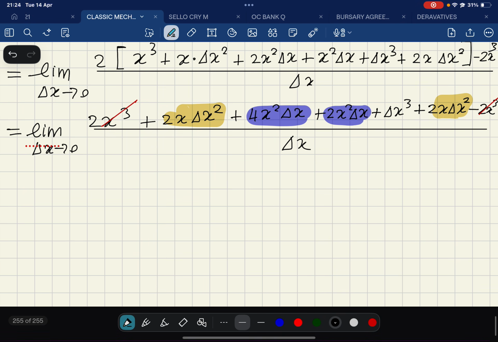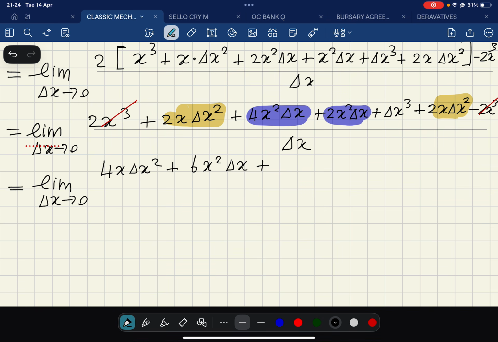When I have the like terms like that, I will have equal sign, the limit as the change in x approaches 0, which means I will have 2 plus 2, which is 4x change in x squared, plus 4 plus 2 is going to be 6x squared, the change in x, plus the change in x cubed. This one does not have any term like it. Then we have the change in x.